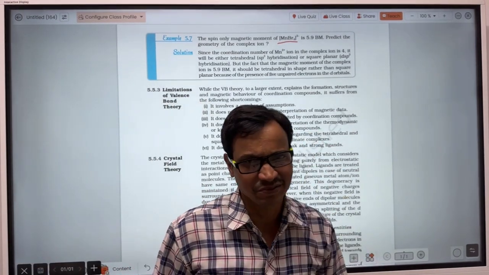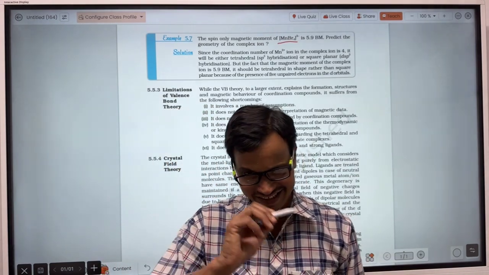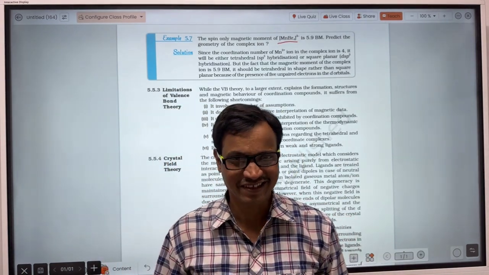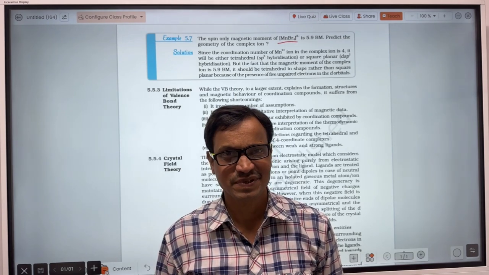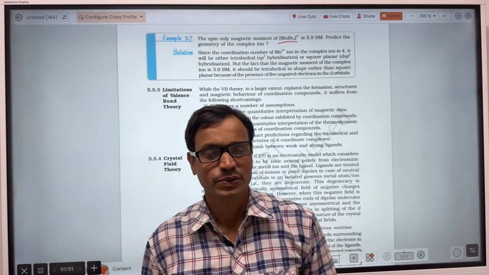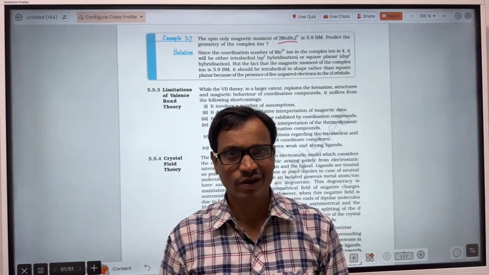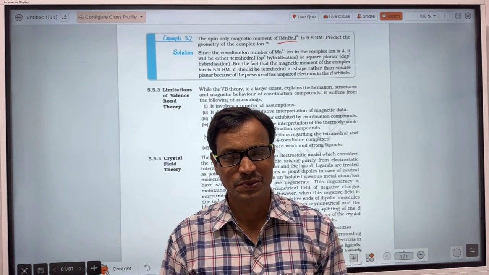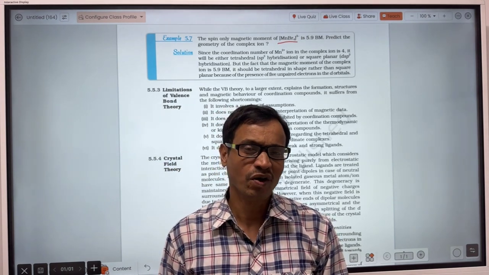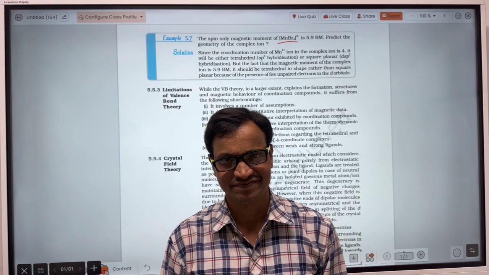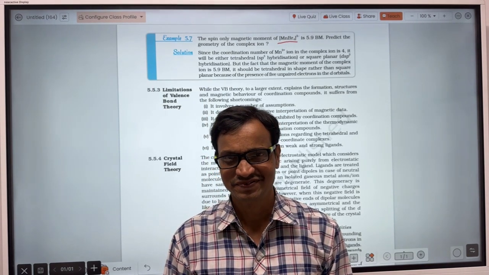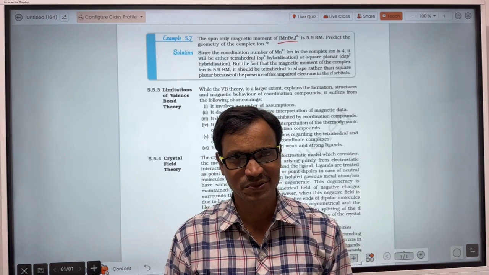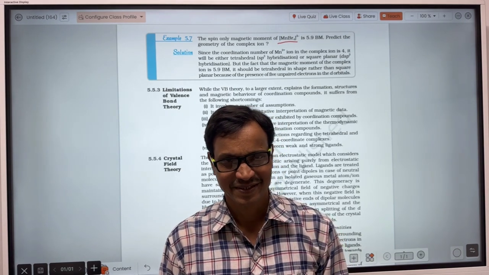Another point to watch out for: in tetrahedral geometry the hybridization is sp3, and during that, pairing of electrons takes place. So the number of unpaired electrons would be 0, and the dipole moment would also be equal to 0.